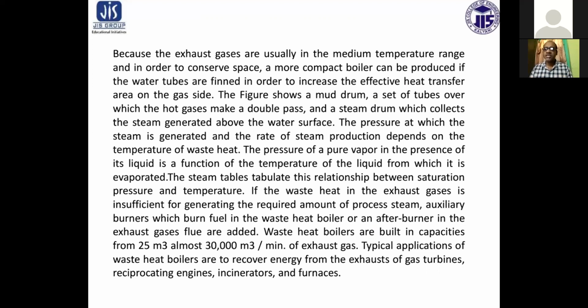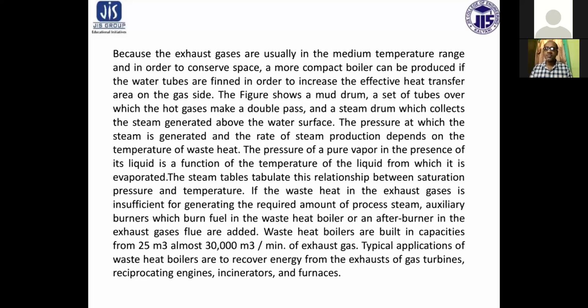If the waste heat in the exhaust gas is insufficient for generating the required amount of process steam, auxiliary burners which burn fuel in the waste heat boiler, or an afterburner in the exhaust gas flues, are added.